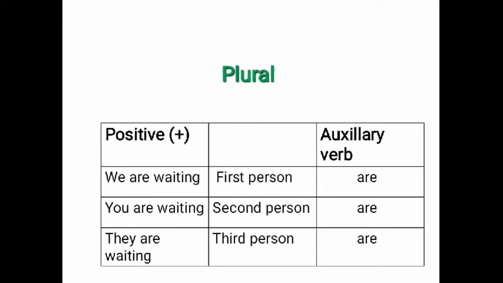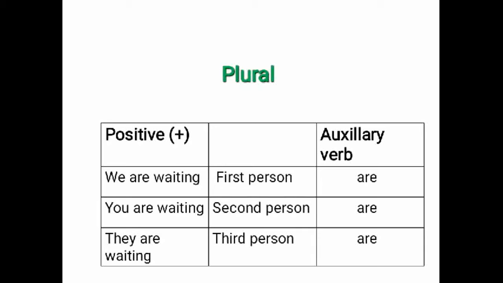These are the positive sentences of plural subjects and its auxiliary verb. First, the positive sentences were of singular subjects and its auxiliary verb. In these sentences you have to understand which are the plural subjects of first person, second person and third person. First one, we are waiting. Plural subject is we.